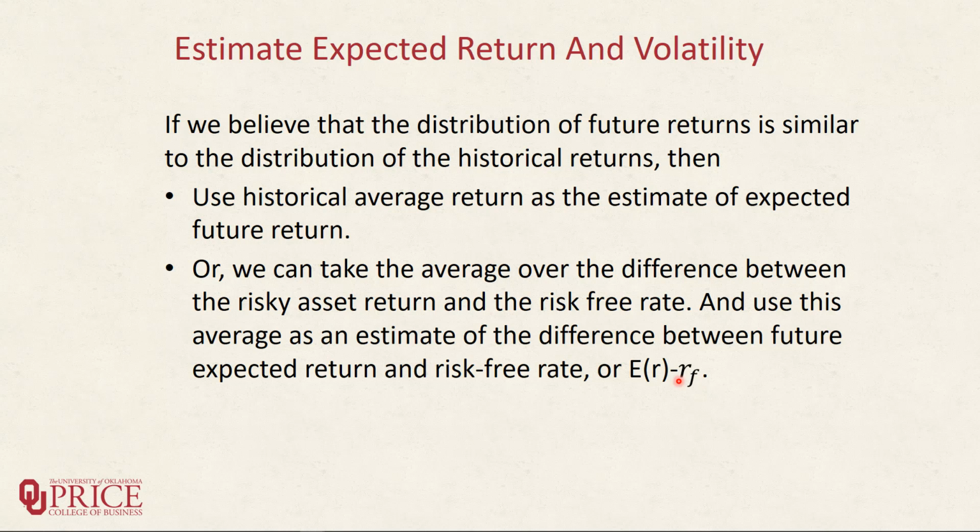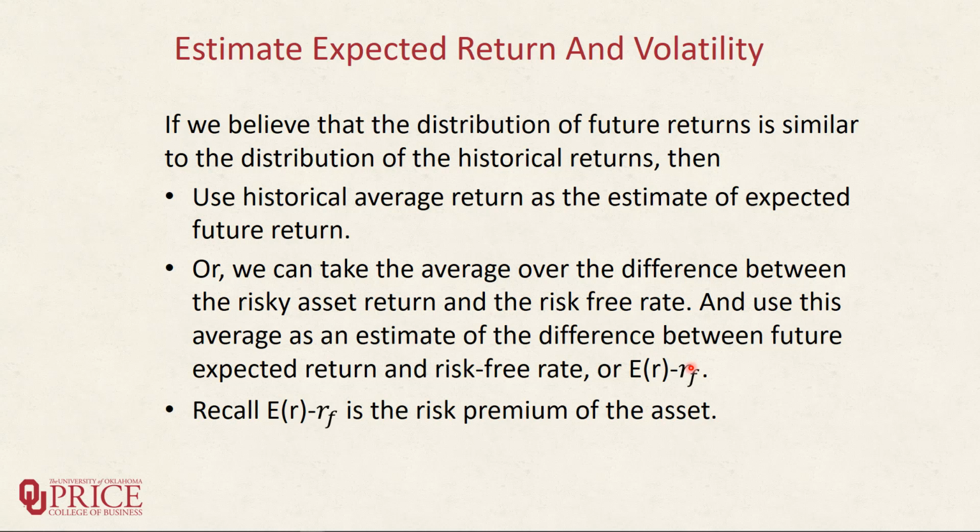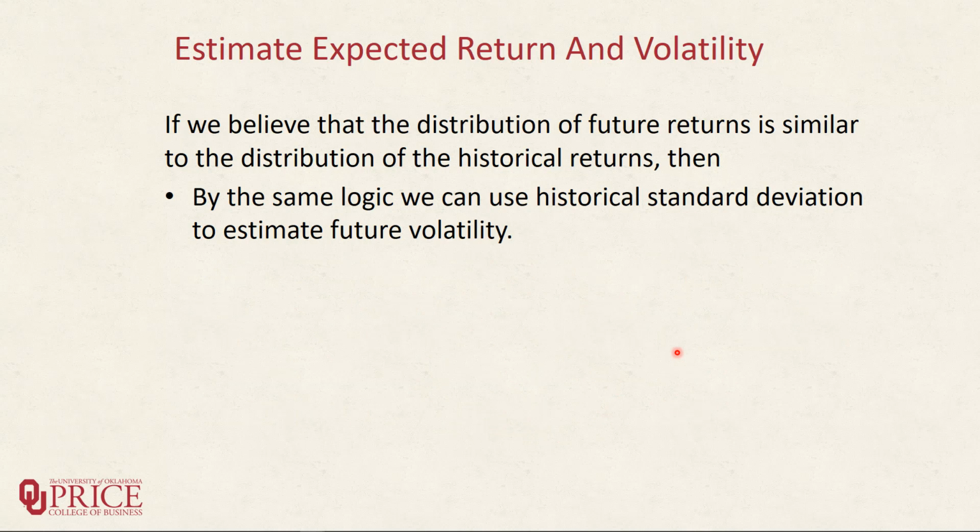To estimate this quantity, we can look at the historical average of the difference between the asset return and the risk-free rate. In other words, we're estimating the risk premium of the asset directly. To estimate future volatility, we can look at the standard deviation of historical returns.